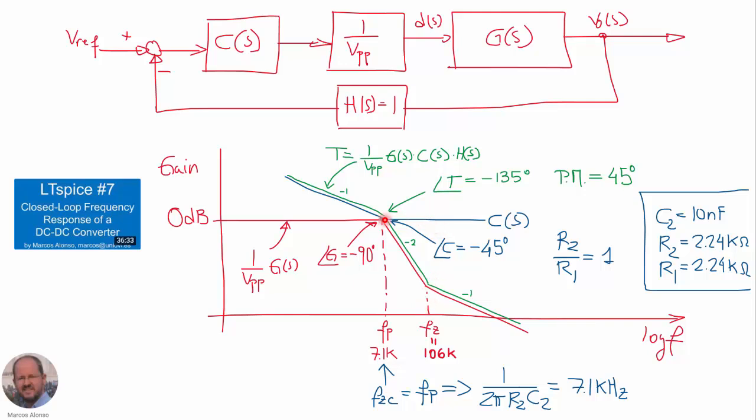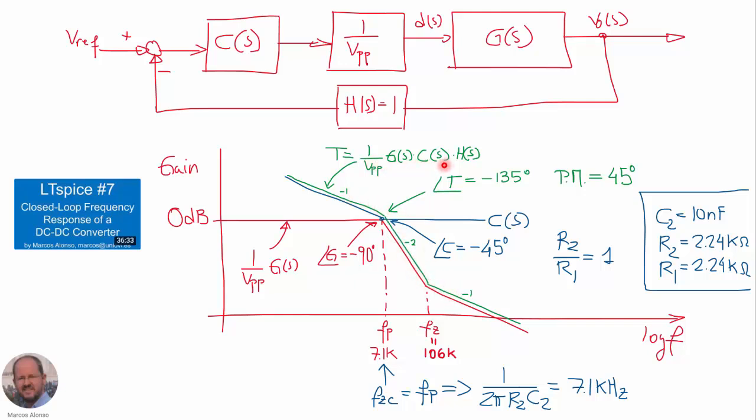So what we have done is to place the 0 of our compensator, here is the response of the compensator in blue, and the 0 of this compensator is at the same frequency as the double pole that we have in the buck converter. So at the end, in green, we have the response corresponding to the loop gain.